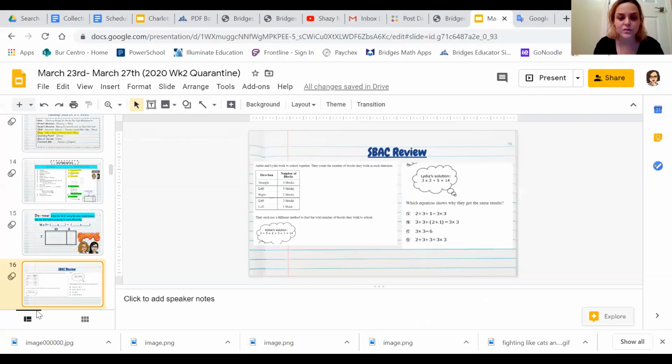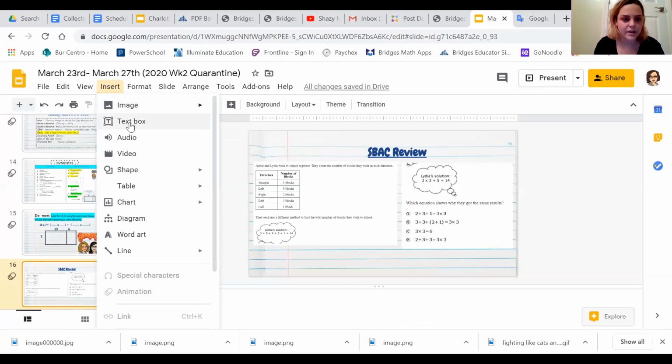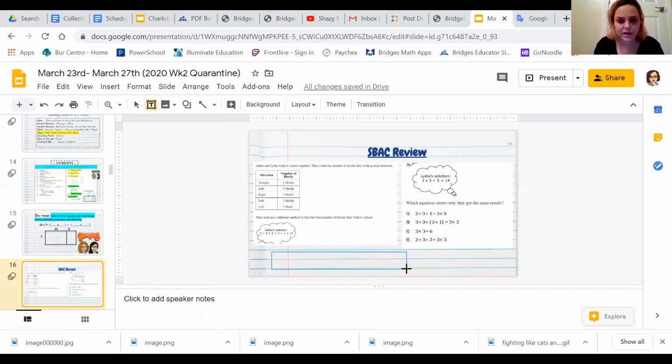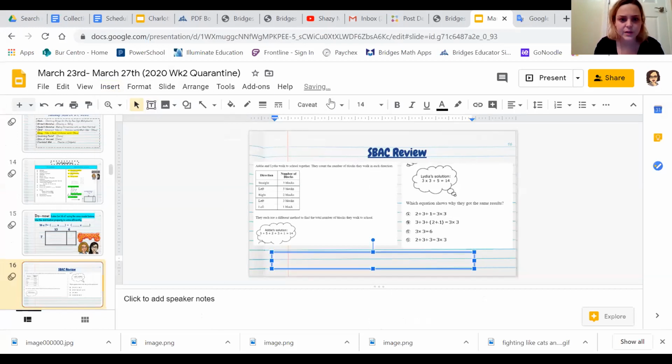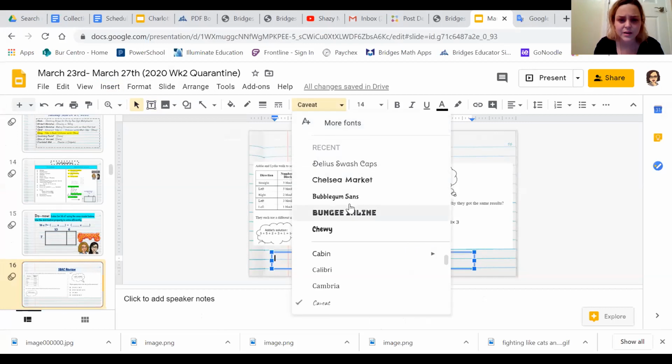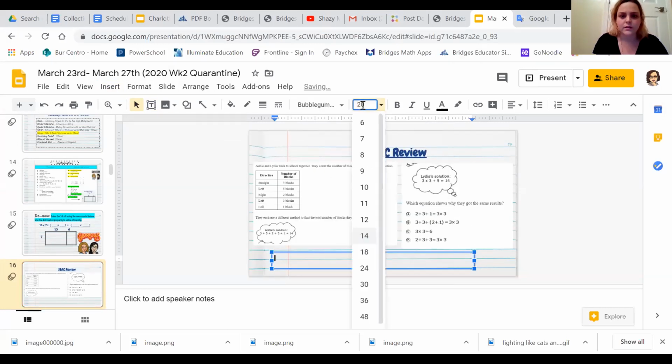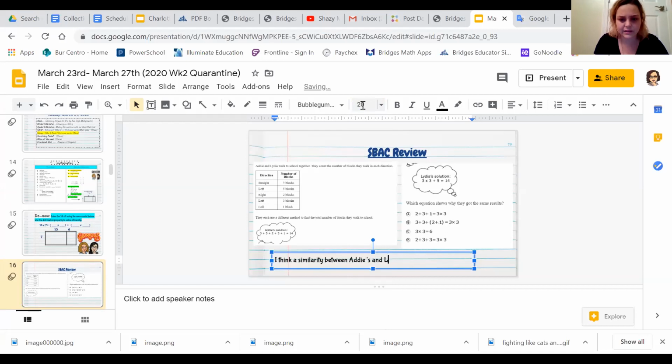And so I'm going to ask you to write in your math notebook. And I'm going to write on here so you guys can see it. Let's make this nice and big so you can see it a little bit better. So I think a similarity between Addy's and Lydia's solution is because.